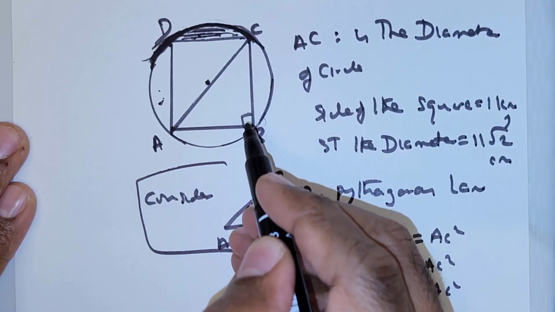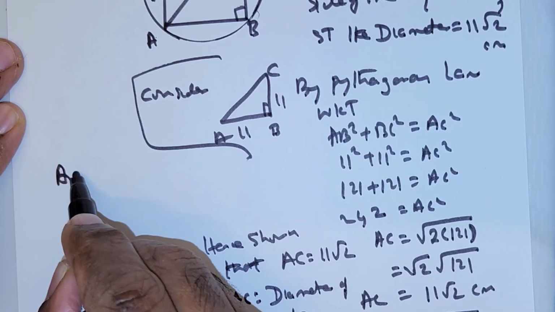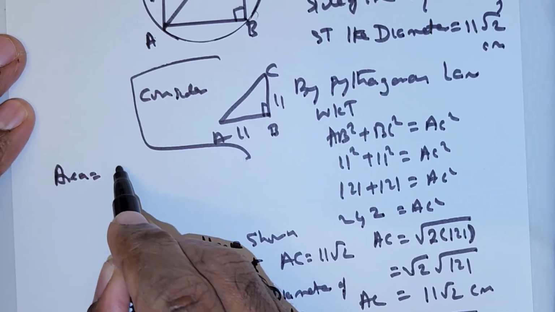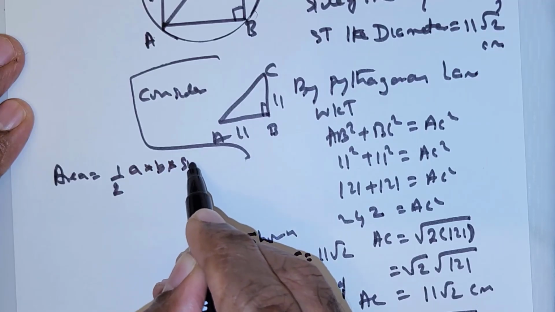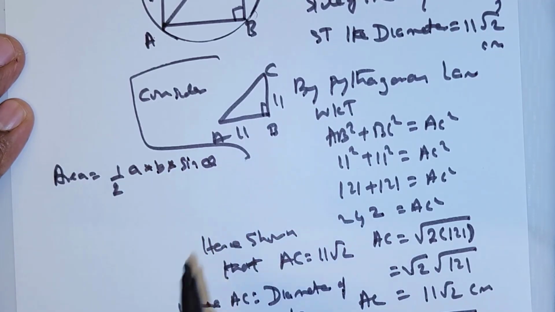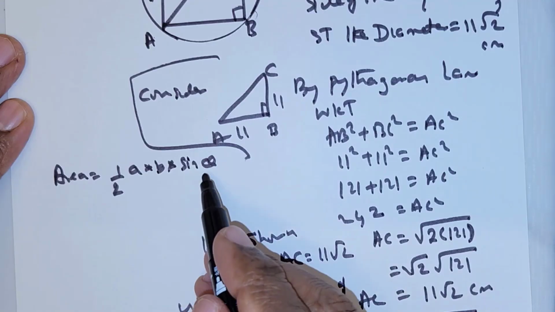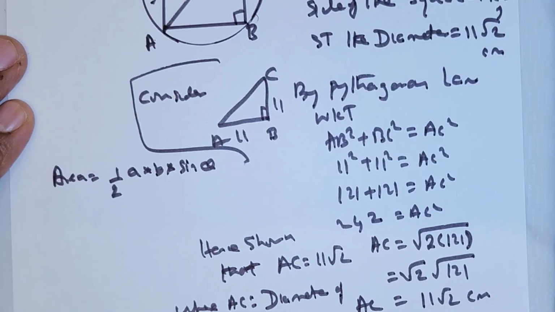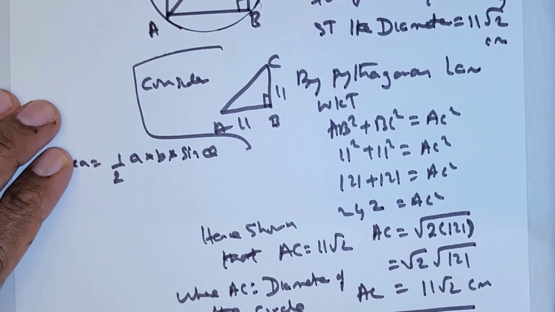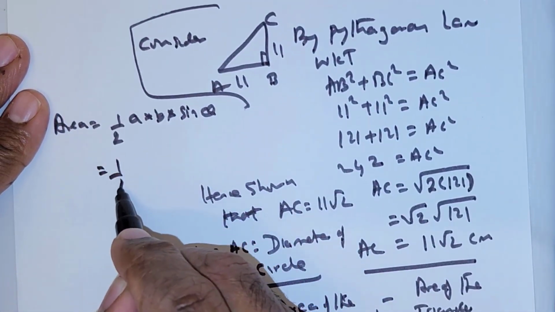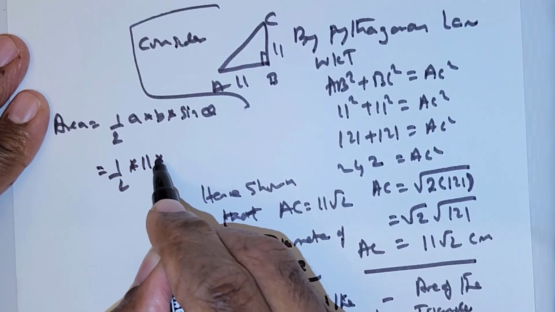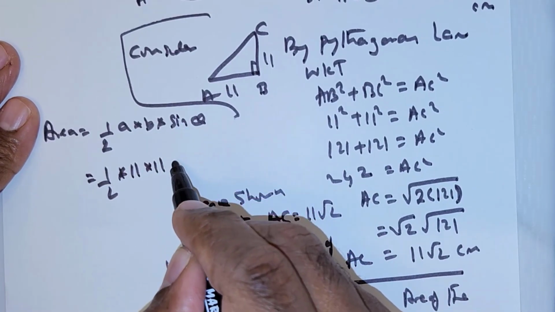Now this is a right triangle, right? So you can use the formula area is equal to half times a times b times sine theta. In this case, this angle is 90 degrees, and we know the sides as 11 and 11.